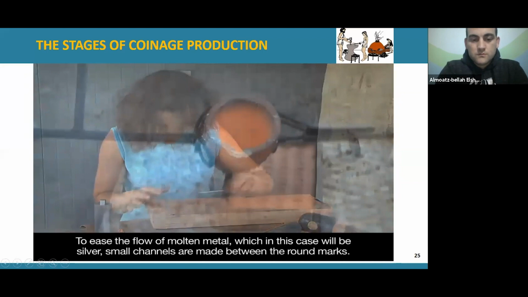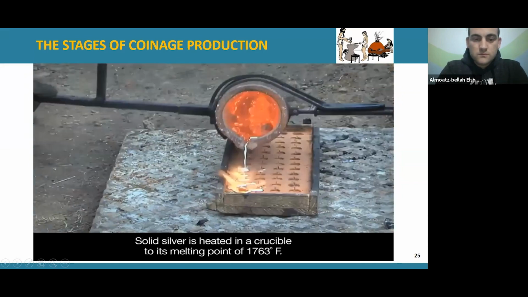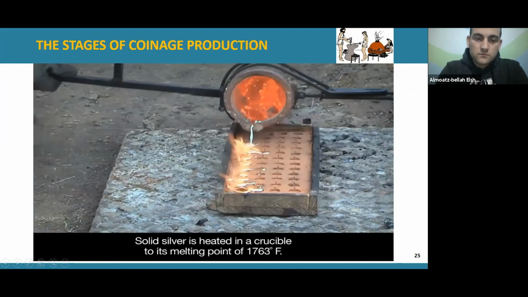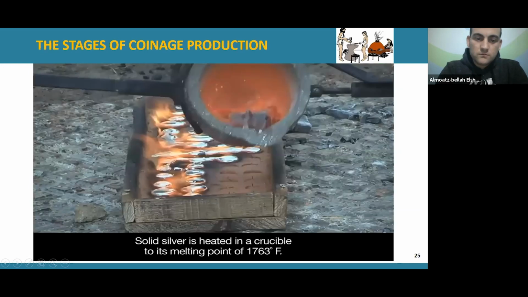Solid silver is heated in a crucible to its melting point of 1763 degrees Fahrenheit. It is then poured into the molds and allowed to cool. When cool, the blanks are trimmed to remove excess silver left over from the connecting channels. Blanks that are not of the correct weight and size are rejected.